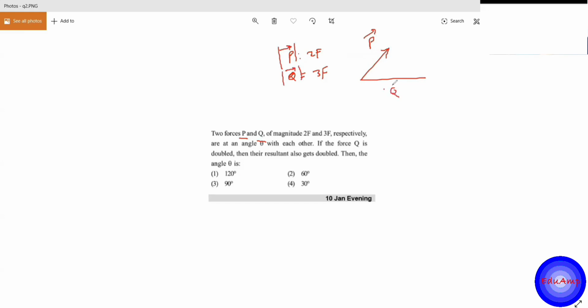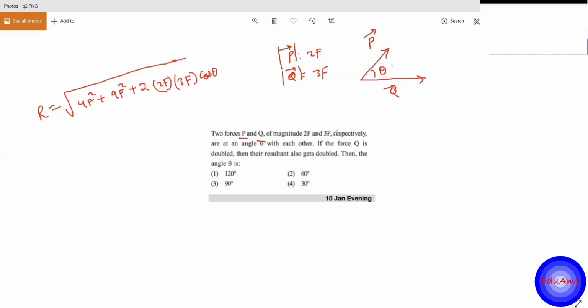And this is Q vector, and the angle is theta. So the resultant of the two will be the square root of 4F square plus 9F square plus 2 into 2F into 3F into cos of the angle between them, right?